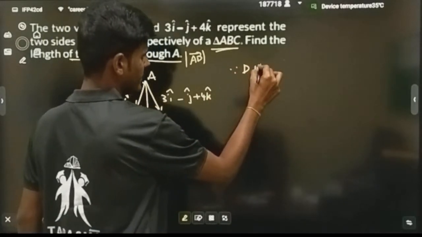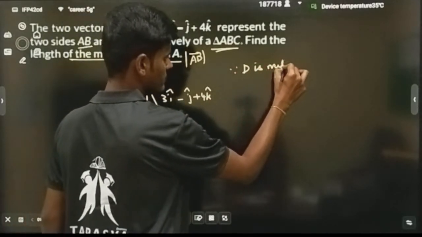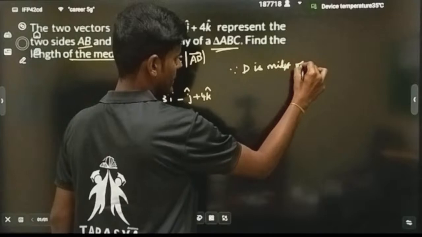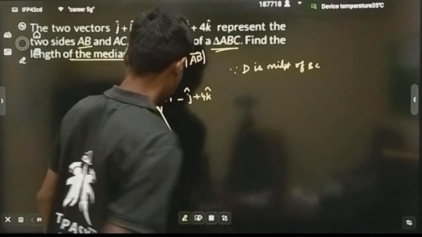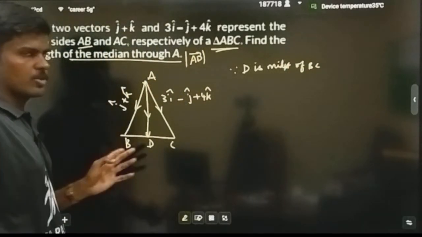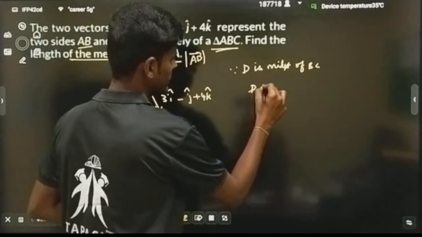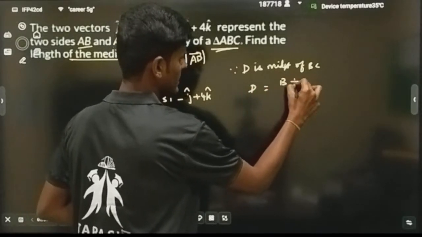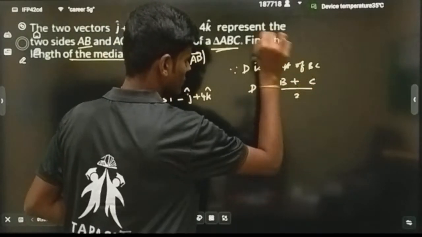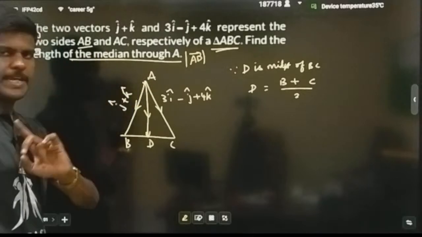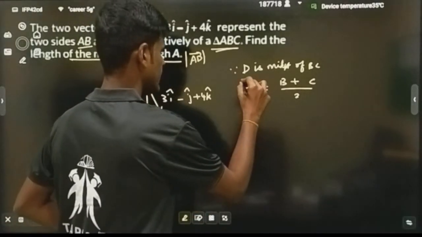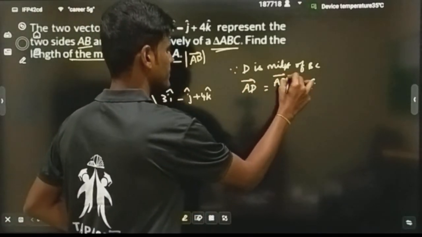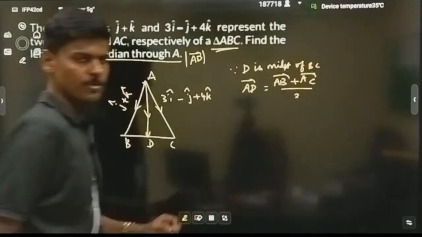Since D is the midpoint of BC, we can write D equal to B plus C by 2. And with respect to A, we can write AD vector is equal to AB vector plus AC vector by 2.